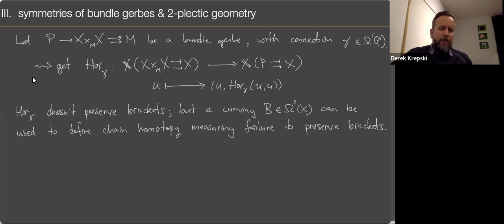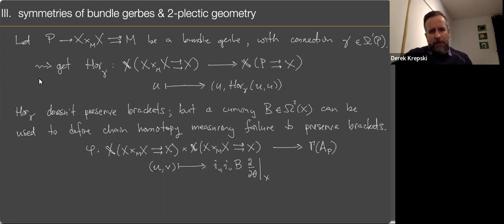And now we don't expect the horizontal lift to preserve brackets in general, but we have this extra data of a curving that can maybe do the trick. So you can use the two form B, the curving, to define a chain homotopy that measures the failure of this horizontal lift to preserve brackets.